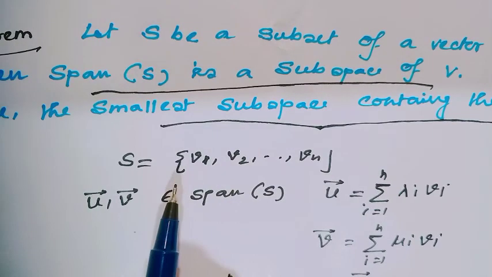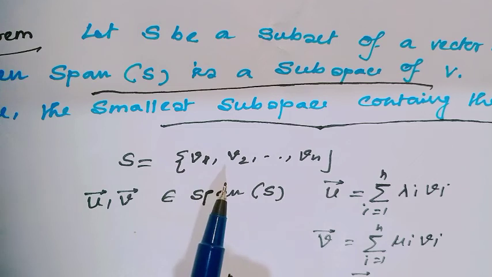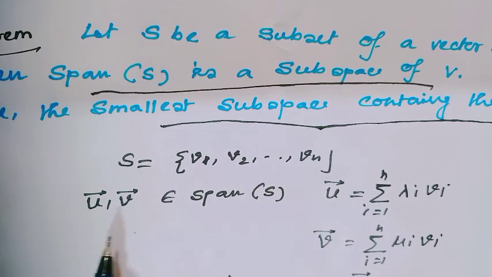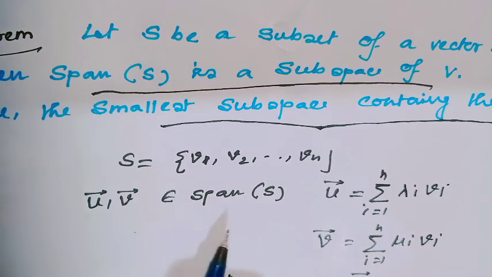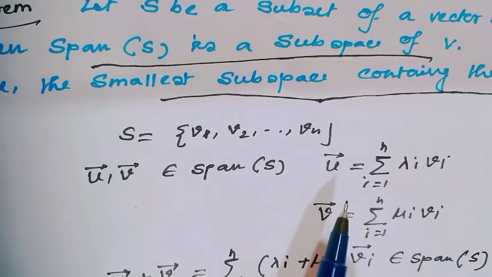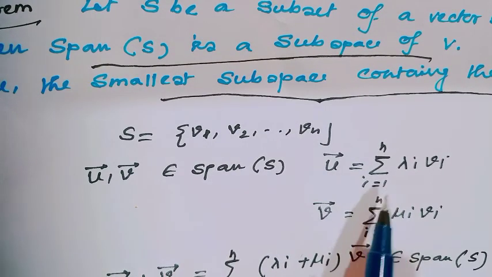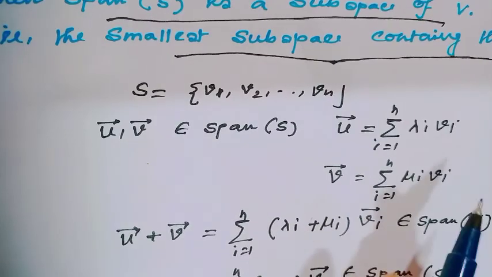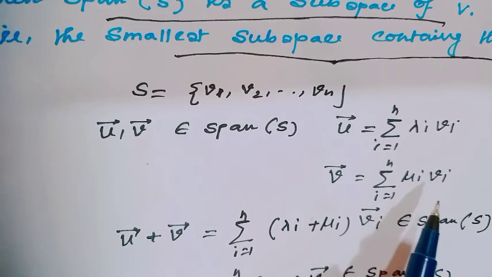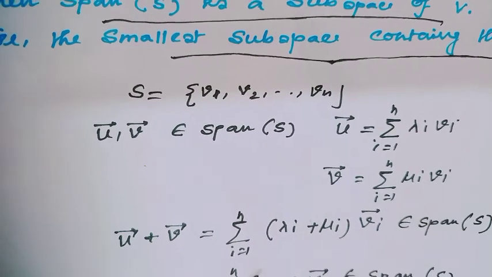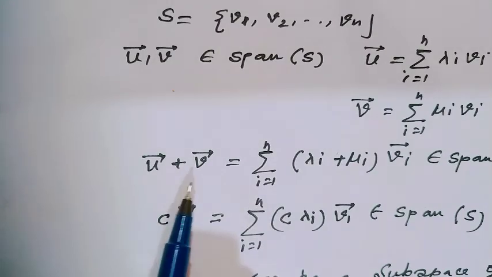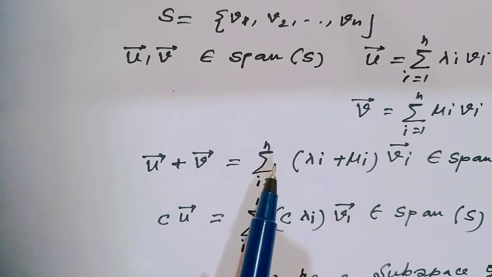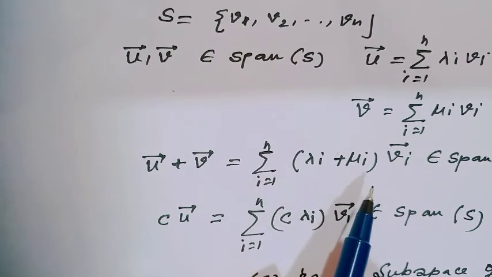Consider S contains the finite elements v1, v2, up to vn. Consider the vectors U and V belonging to span S, with U equal to the summation i equal to 1 to n of lambda i vi and V equal to the summation i equal to 1 to n of mu i vi. Then U plus V equals the summation i equal to 1 to n of (lambda i plus mu i) times vi.